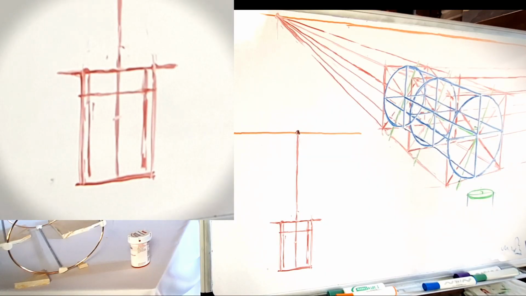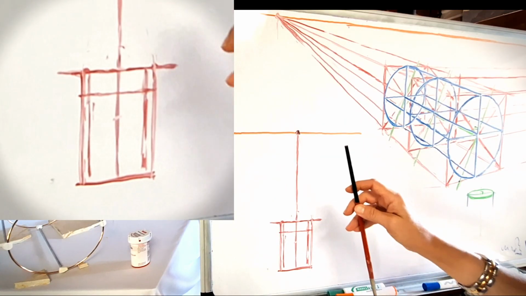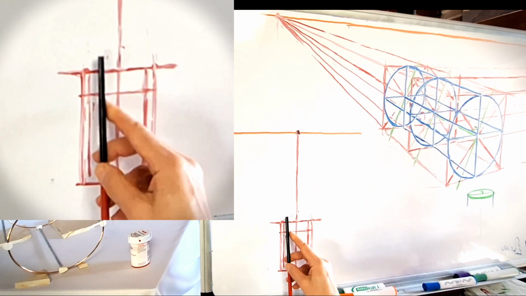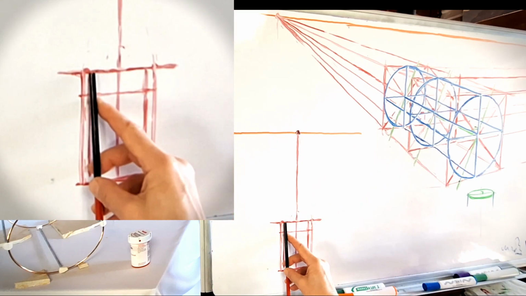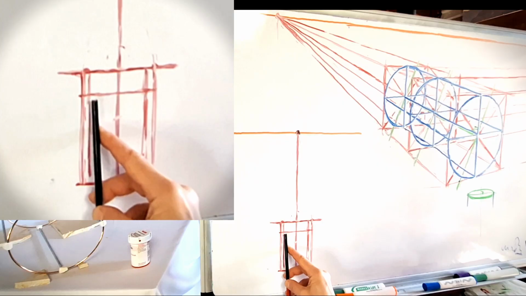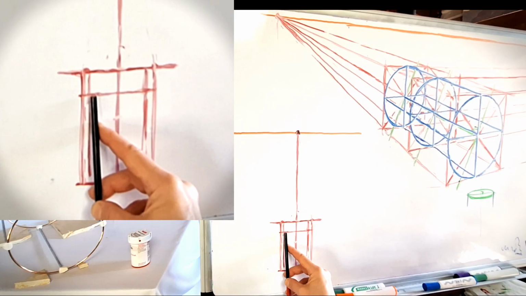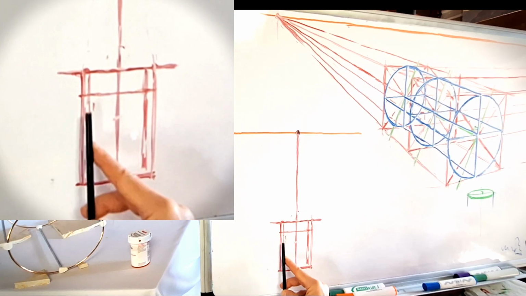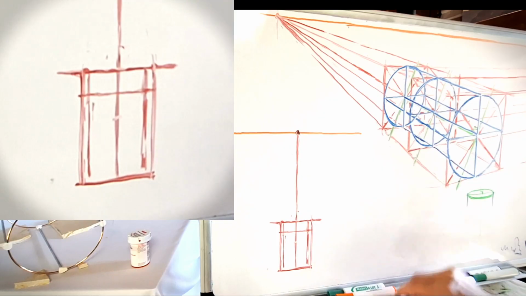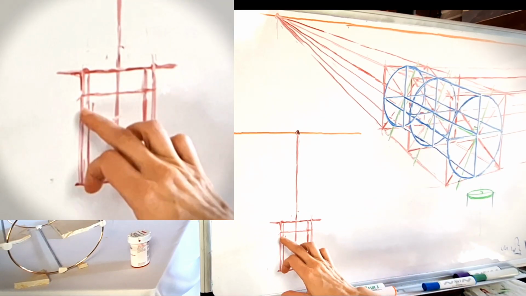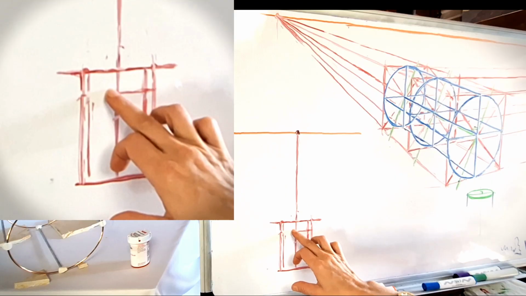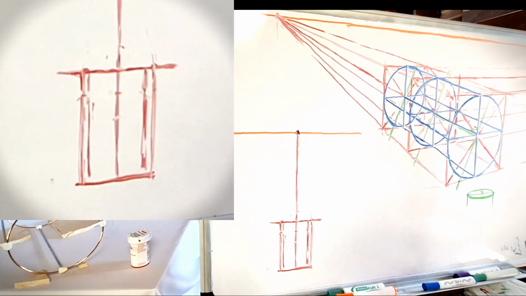So not 5 times. Which means we need to make sure that this distance here is about the same distance as the height of the lid, and then fits in about 5 times and a little tiny bit. So that obviously looks like this is too much.